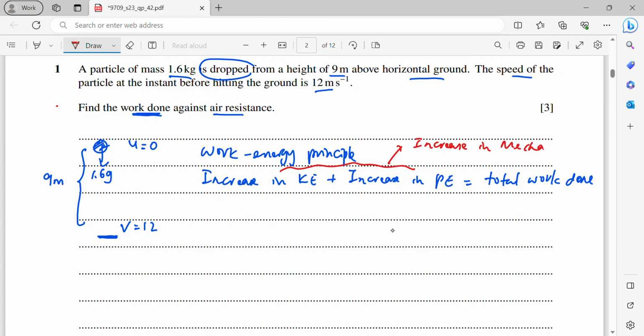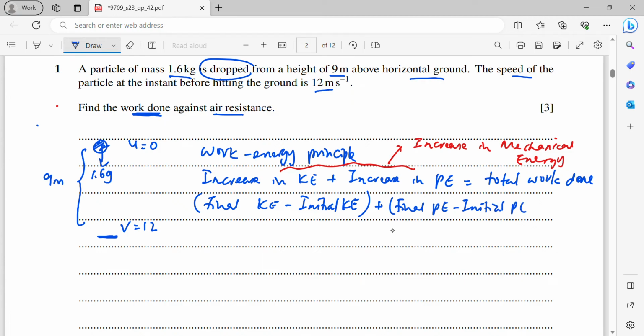Now, the increase in KE is the final kinetic energy minus the initial kinetic energy, plus the increase in PE, which is final PE minus initial PE, equals total work done, which is the work done to speed up the body minus the work done to slow down the body.